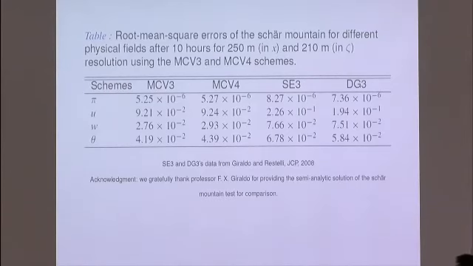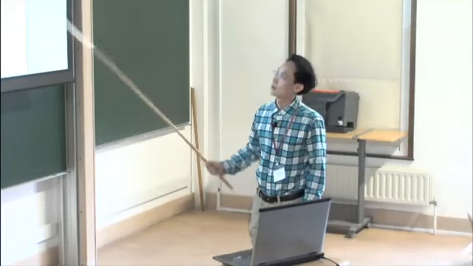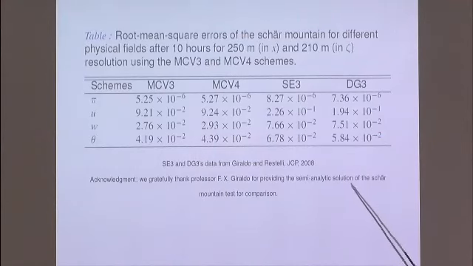We attribute part of the reason to the boundary condition and the transformation we used for the vertical coordinate, maybe. Here I want to thank the professor who gave us the semi-analytic solution for the Schaer mountain.